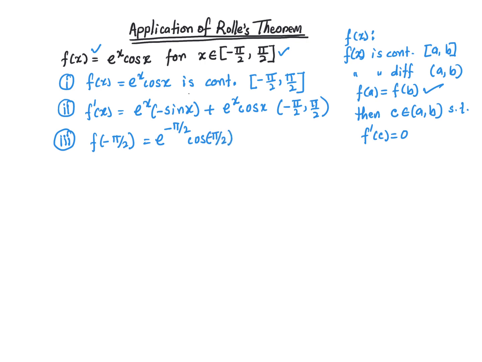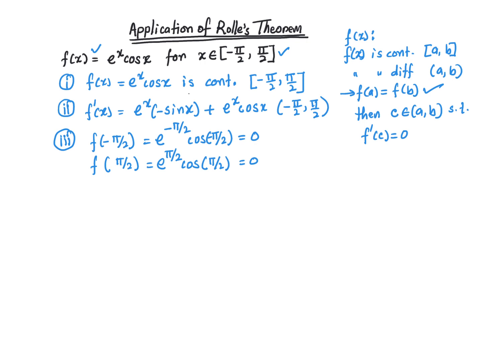But cosine of negative pi over 2 is 0, so that makes it 0. Similarly, f of pi over 2 is going to be e to the power pi over 2 times cosine of pi over 2, which is going to give you 0 as well. So the third condition, f of A is equal to f of B, is satisfied.